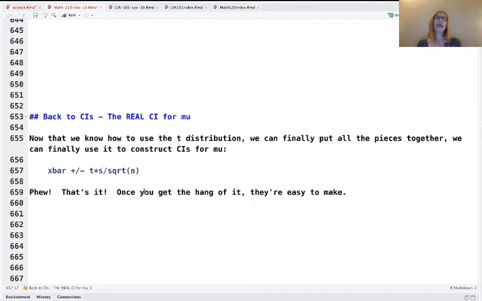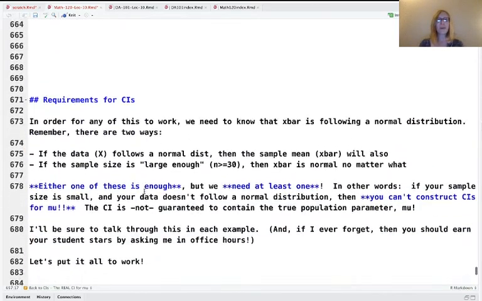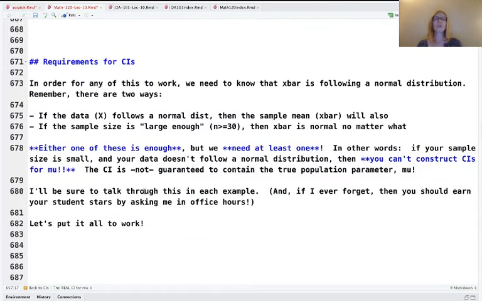Before we do an actual example, there's one last thing that we need to think about. You need to make sure that your conditions for using the t-distribution are satisfied. And I want to remind you of what those requirements are for making these confidence intervals. In order for this stuff to work, you need to make sure that x bar does follow a normal distribution.